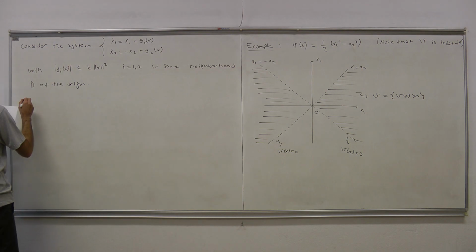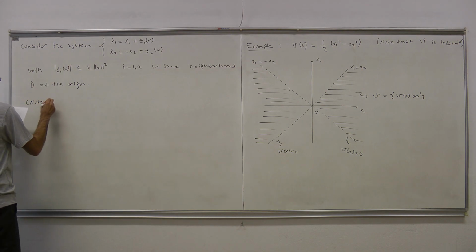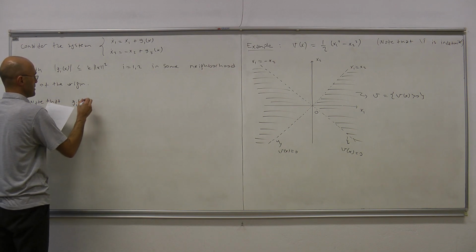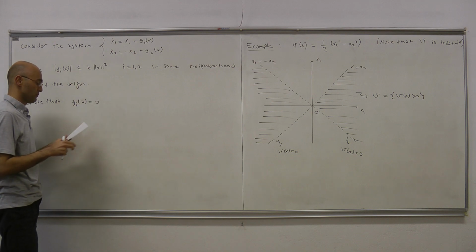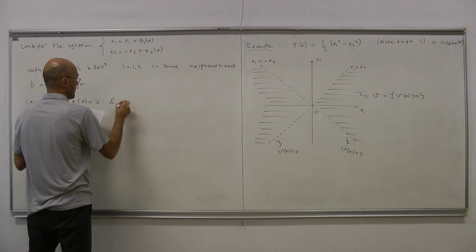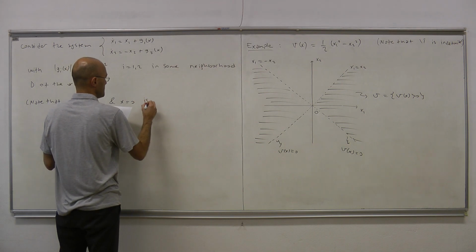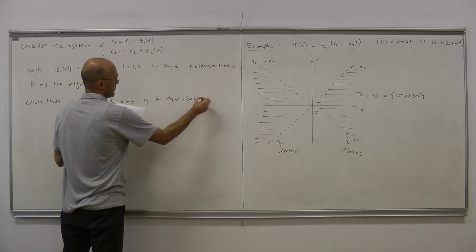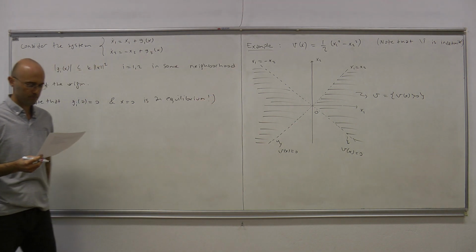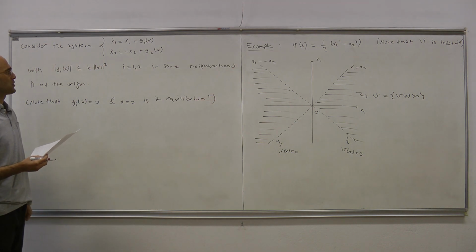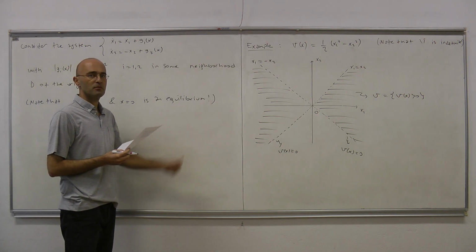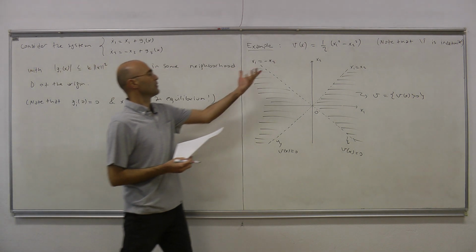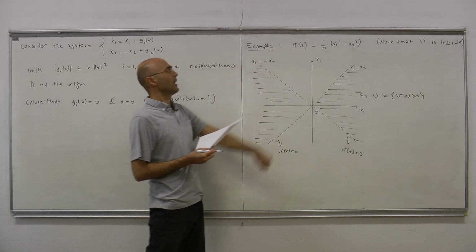So note that gi must be 0 according to this condition, and x equals 0 therefore is an equilibrium for the system.